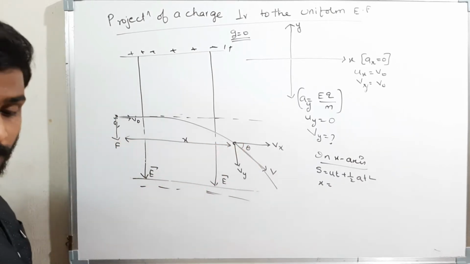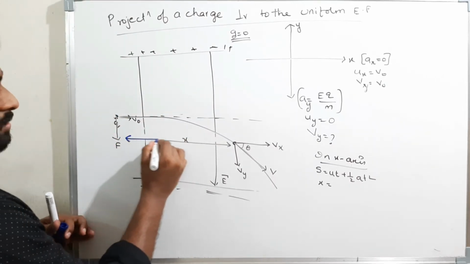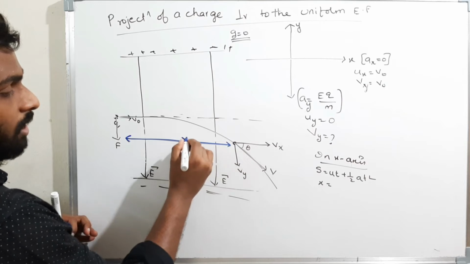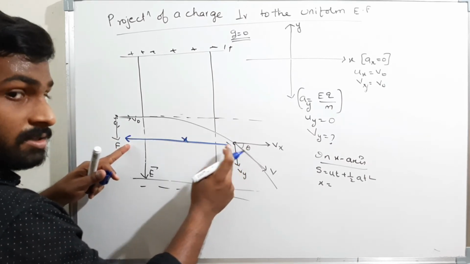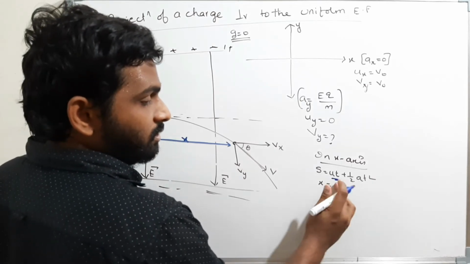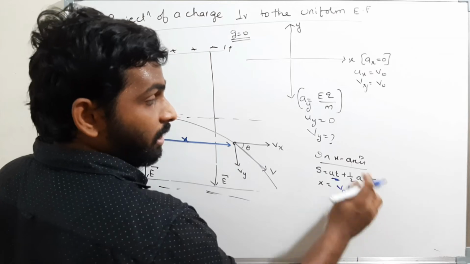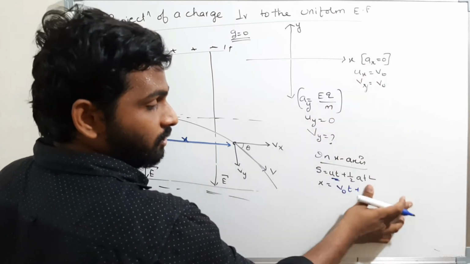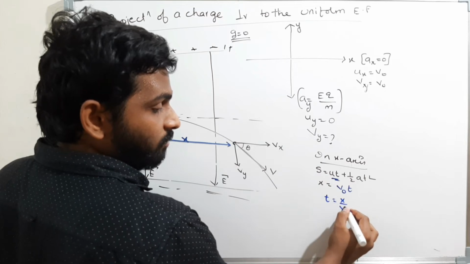I was told to find that x. How can I find this x? After some time t, the body is at this point. Along the x-axis, what's the distance? That is x. x is the initial velocity v0 into t plus half, and the acceleration along the x-axis is 0. Therefore, it is simply v0 into t. Therefore, the time is x by v0.